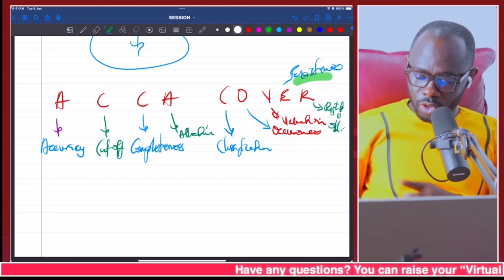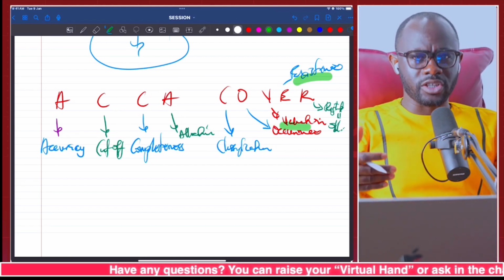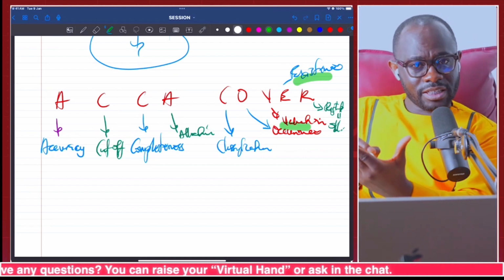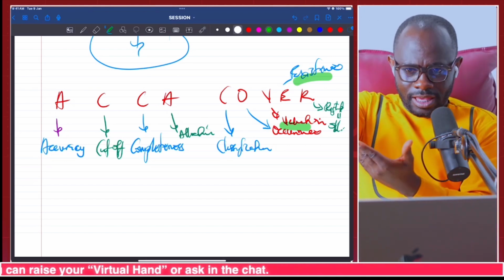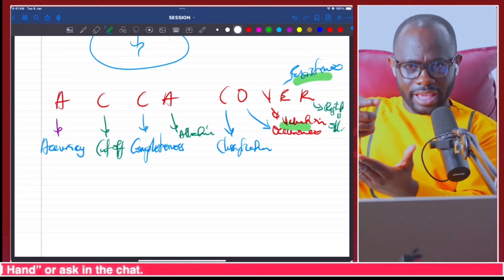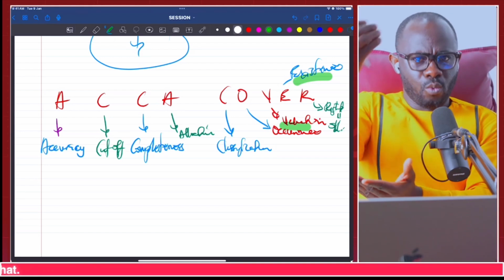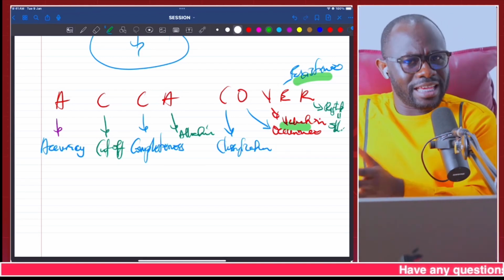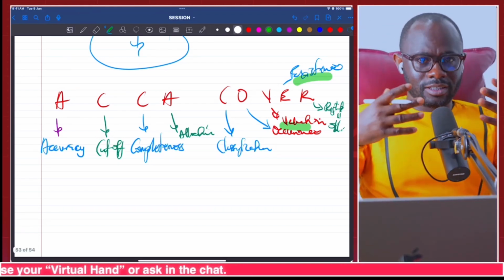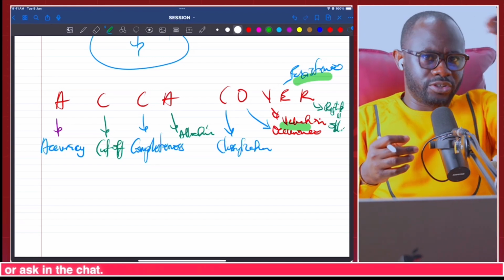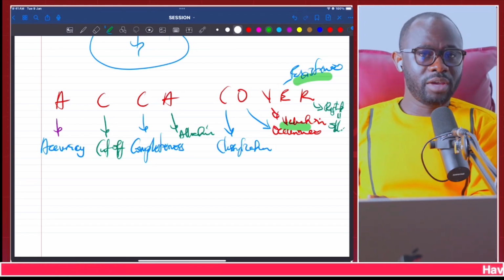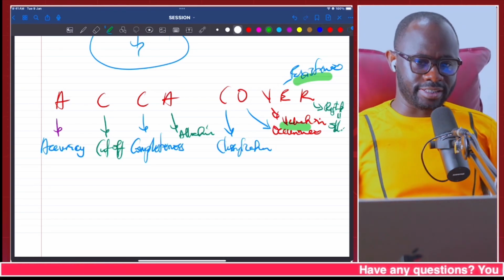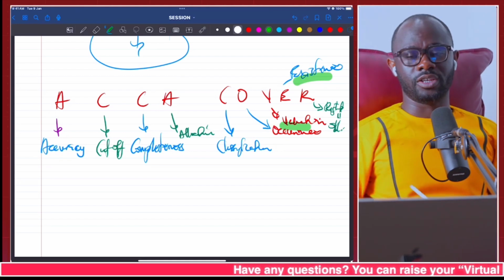Number two, you are also testing for valuation. What is written in the book and what is there? Does it correlate? Like, is what I'm seeing worth what has been recorded in the books? So you realize that those two procedures are helping us to test for what? Existence, and then what? Valuation.